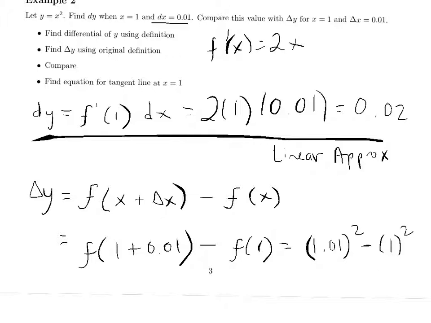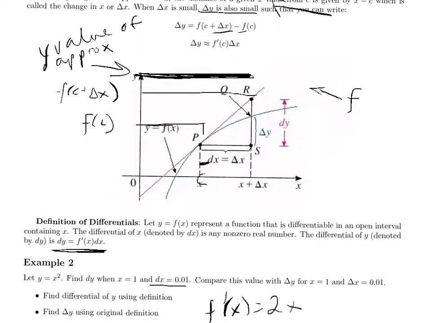Wait, what is delta y, like the distance between the original function and the f of x, between this distance? Delta y only deals with the original function f. Our linear approximation, it's as if all we did, take a look at this picture here.